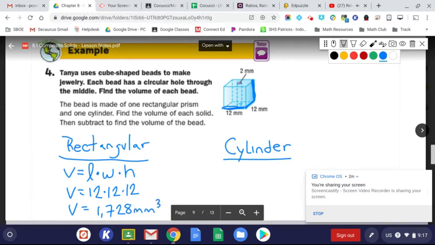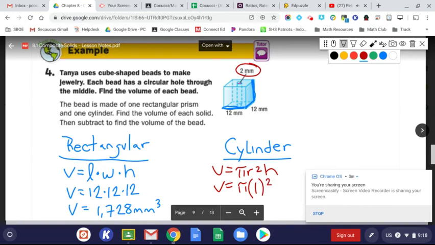And then for the cylinder, we can see here that the cylinder is in this middle part, and it's telling us that we have a diameter of 2. We already know the volume of a cylinder: volume is equal to pi r squared times the height. In this case, if the diameter is 2, the radius is going to be 1.